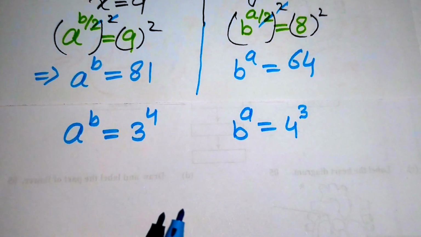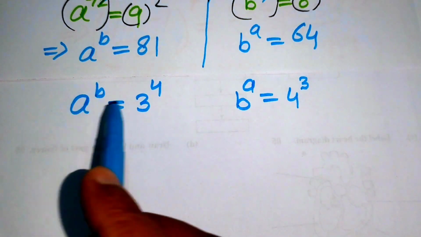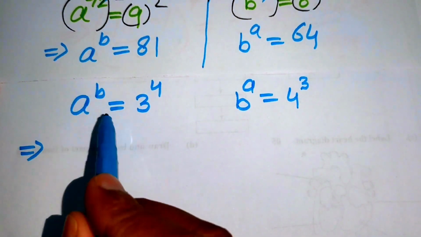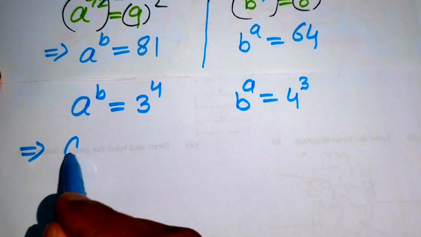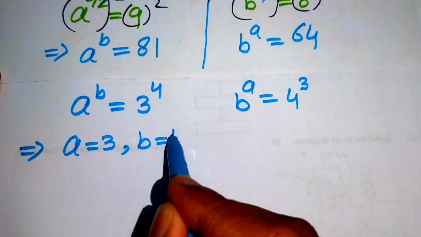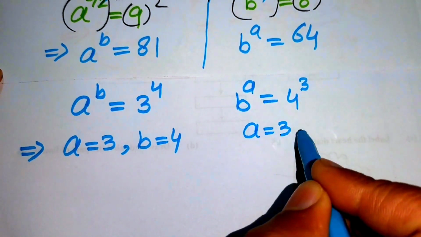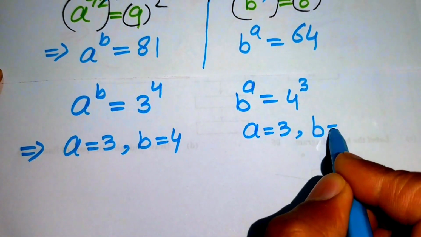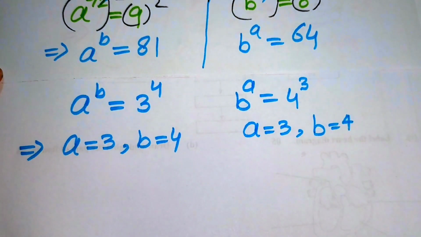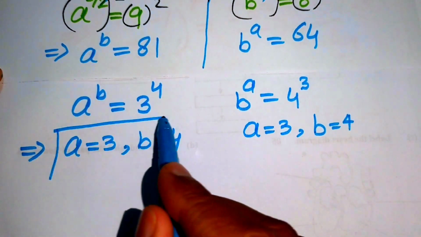So these are the factors of 81 and 64, and now you compare both sides. In this case you get a equals 3 and b equals 4, and in this case you also get a is 3 and b is 4. So in both of these cases you get the same values of a and b.